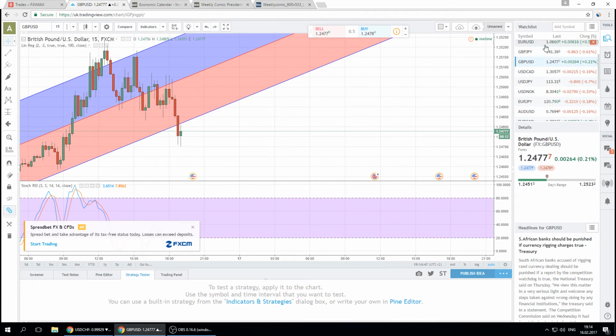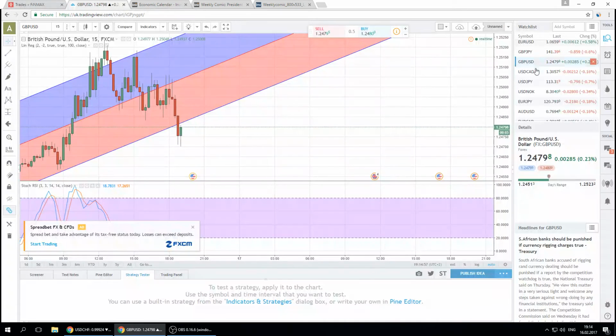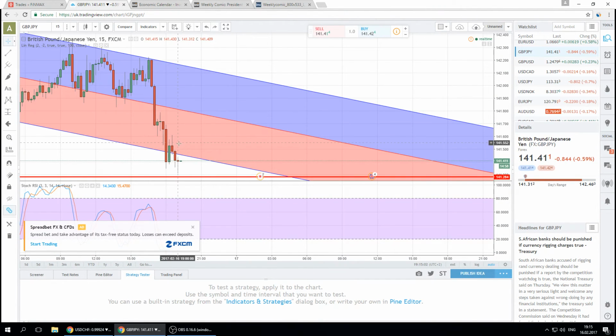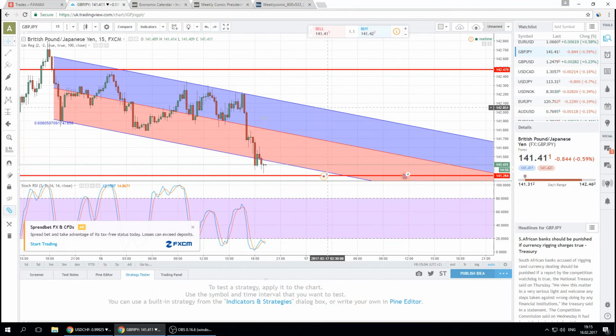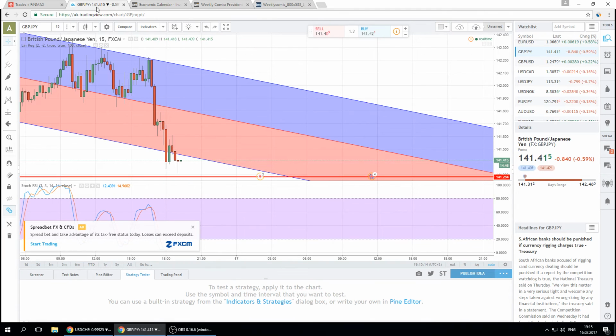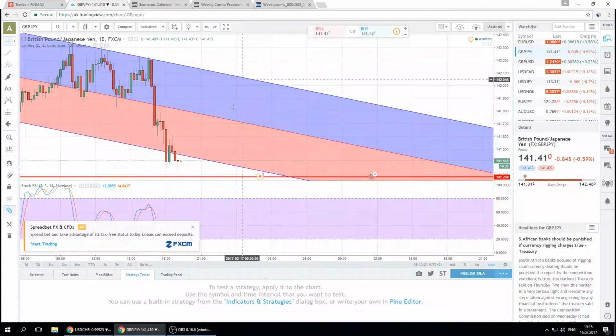That's in our direction. Here you see that the prices are testing this level. And for us, that's a good situation because we can close our trade in the money.